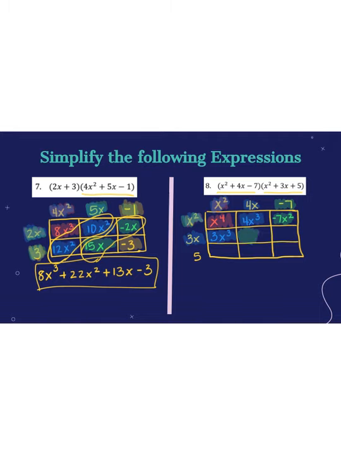Okay, now I want this one right here, so I'm going to go straight above. 4x times that 3x. 4 times 3 is 12, and then I have x squared. Now I want this one right here, so I'm going to take that -7 times that 3. -7 times 3 is going to give me a -21, and I just have 1x there.